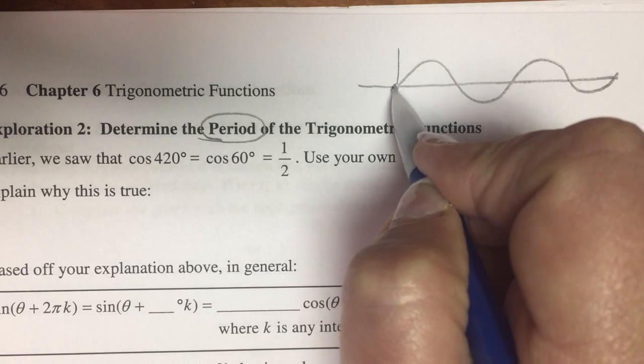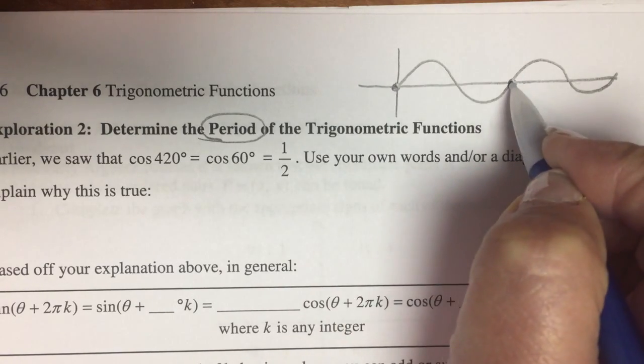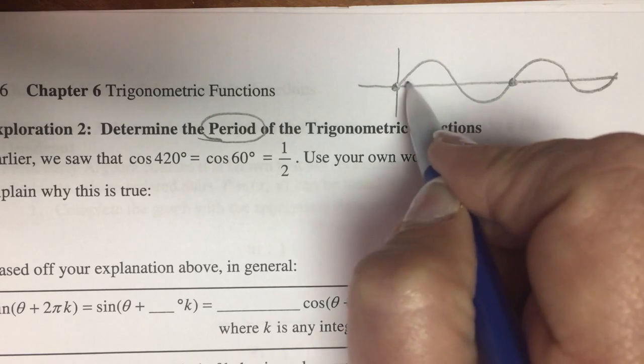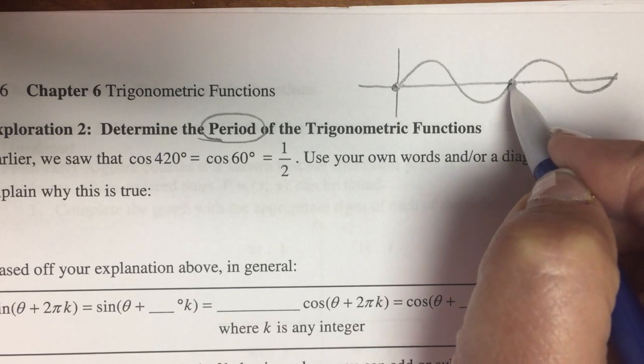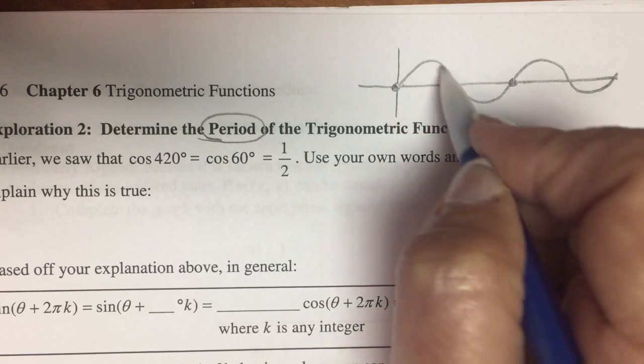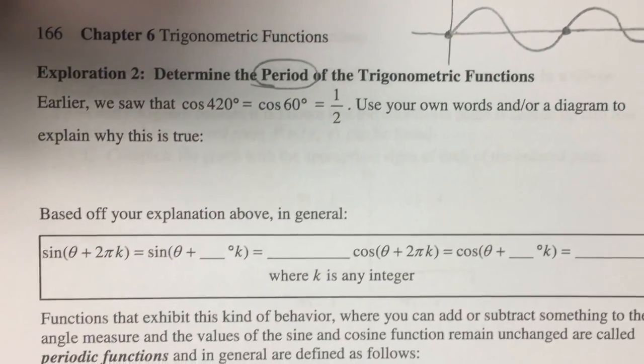Well, you can see if it starts here, it goes to here, and then it begins to repeat. So that is what we consider one period of the sine function. It's one pass at it before it begins to repeat. Okay, so that's what periodic means.